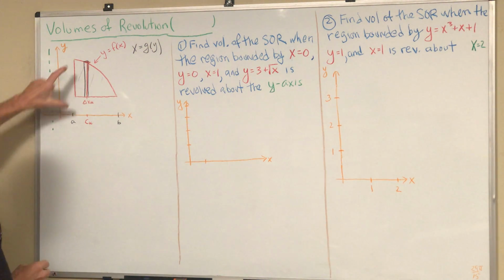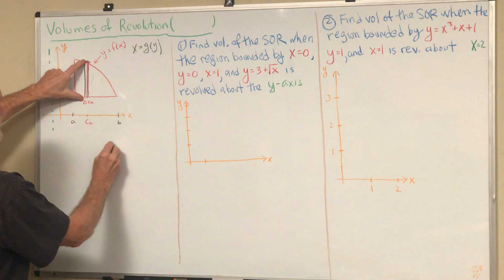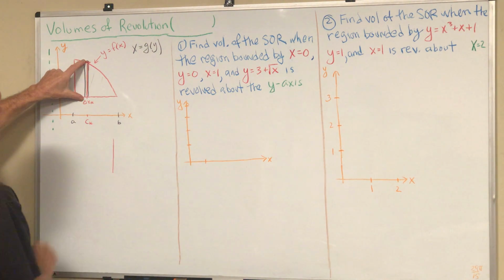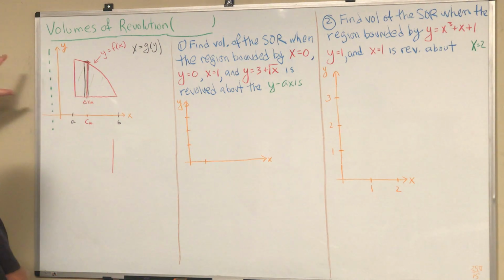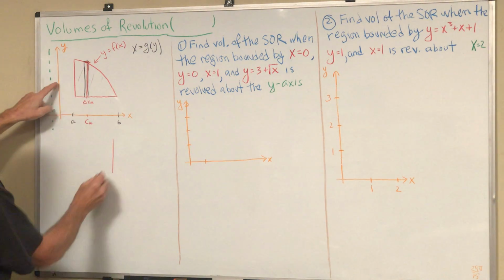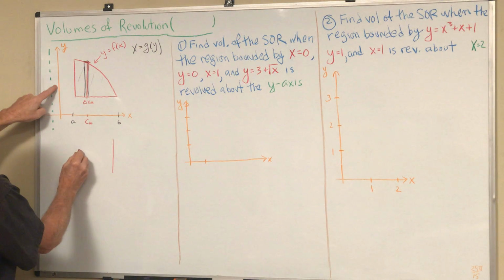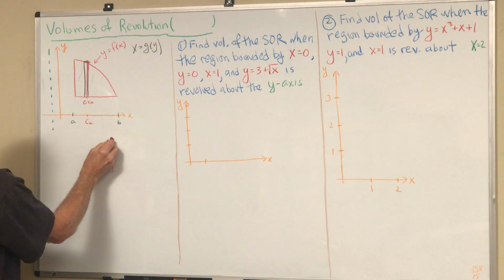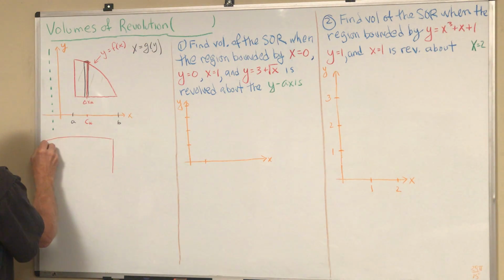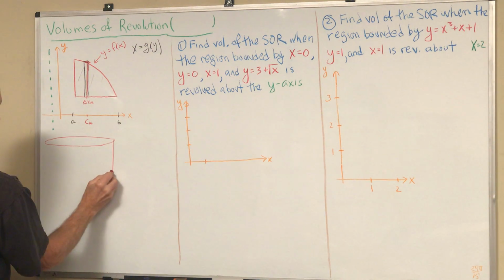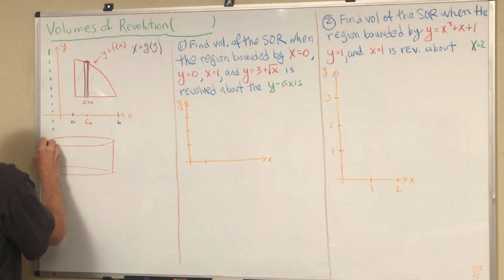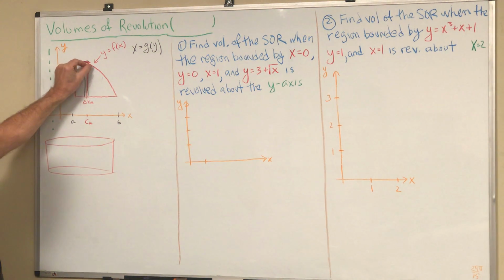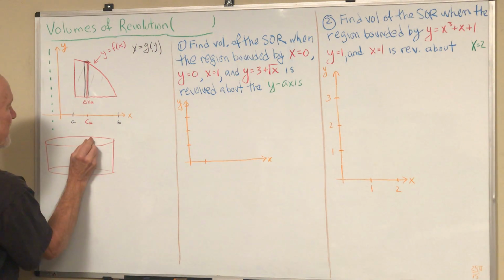So the height of this object is going to be the same as this. You're revolving it around, so the radius is going to be about that big, but then when you revolve it around, it's going to look something like that, except you've got a little bit of width.